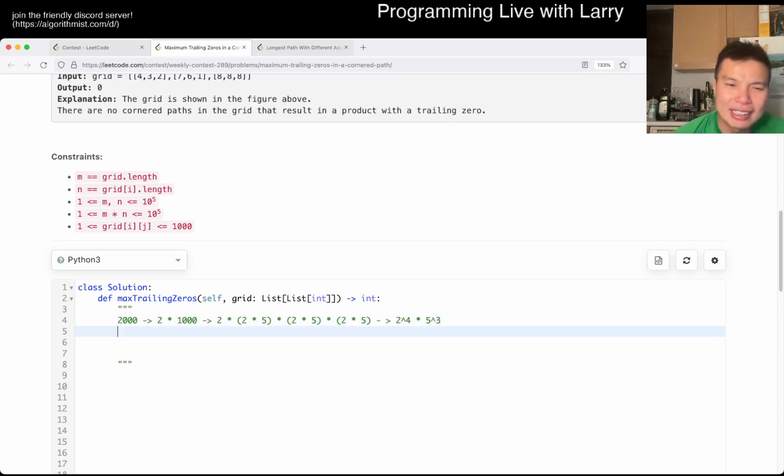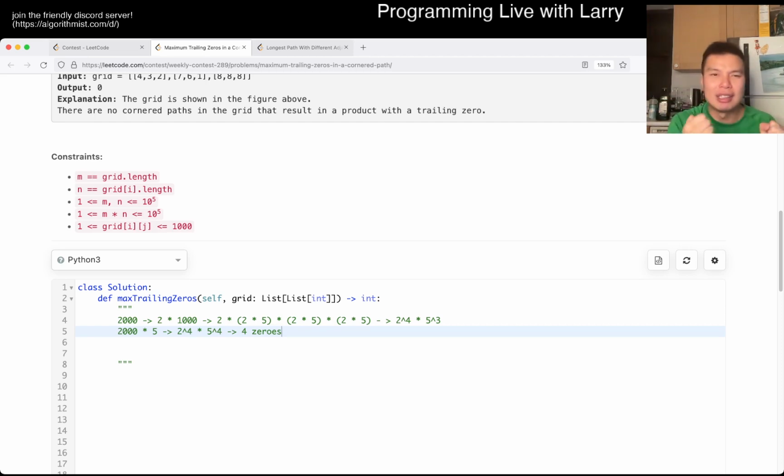Then another way of saying it is, how many 2's are there and how many 5's are there? Because if you multiply 2,000 by 5, it becomes 2 to the 4th times 5 to the 4th, and that means there are going to be 4 zeros instead of just 3. So that's basically the idea behind trailing zeros.